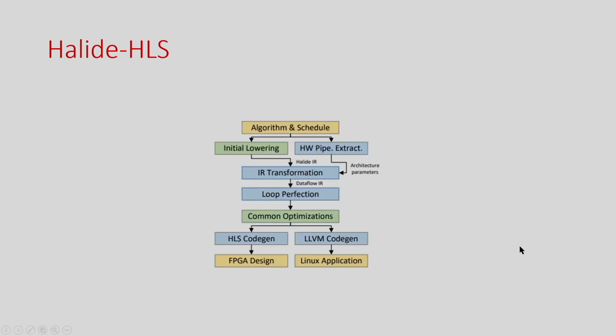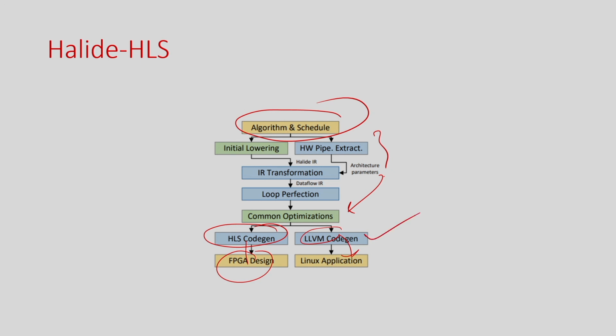The overall flow is that you have this Halide code, you have this tool which generates the IR, and then you can use the high level synthesis tool to generate the RTL, or you can run the same code on a processor using a C or C++ compiler. So, that is all about this.